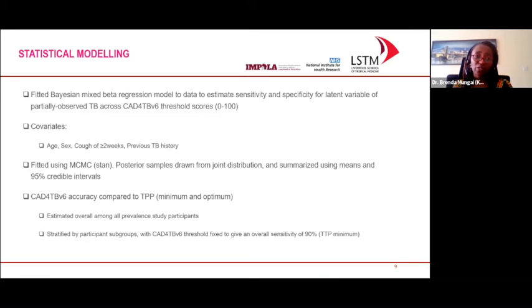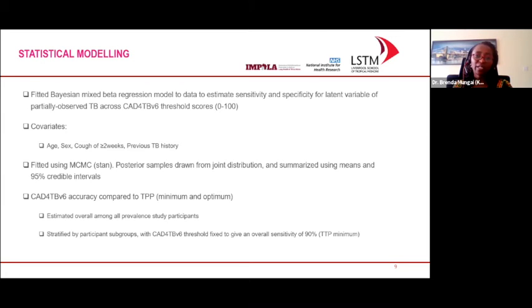So in terms of statistical modeling, we fitted Bayesian mixed beta regression modeling to estimate sensitivity and specificity for latent variable of partially observed TB across the CAD threshold scores. So the covariates we were looking at were age of the participants, sex, cough more than 2 weeks, so that was part of what had been asked, and the previous history of TB.